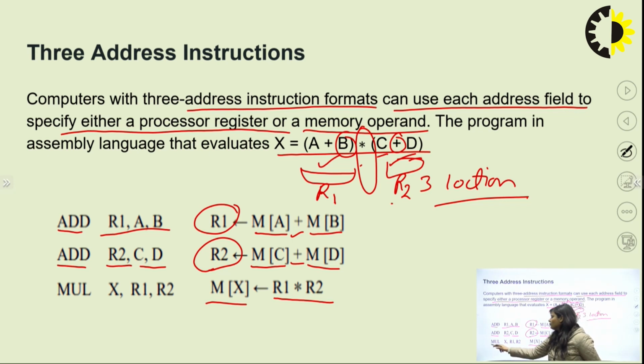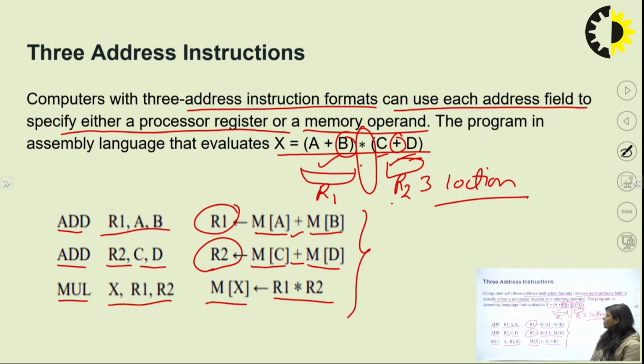So multiply R1 and R2 and move the result into X. I think you have understood the basic 3 steps of solving this expression using 3 address instruction.